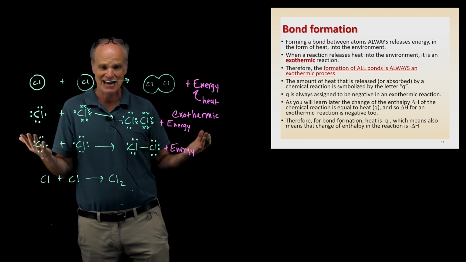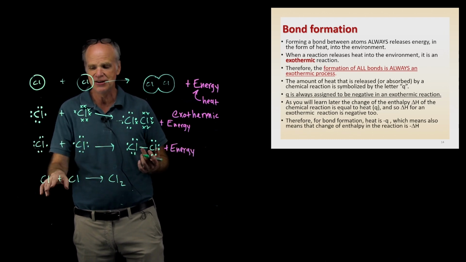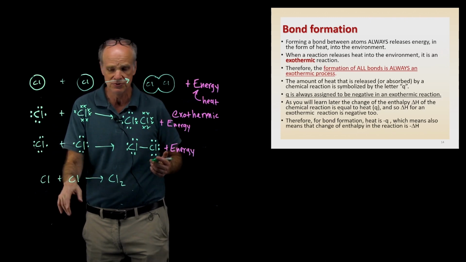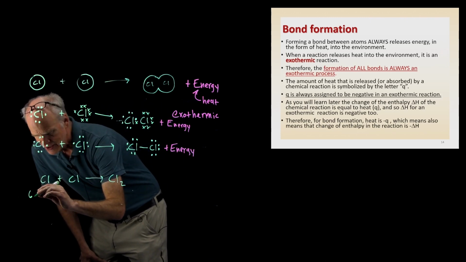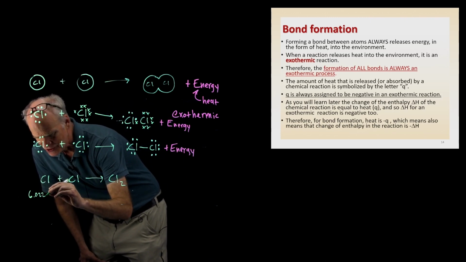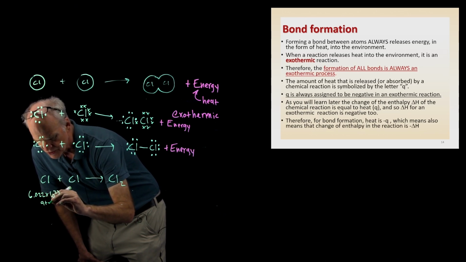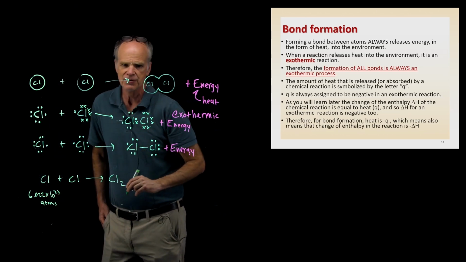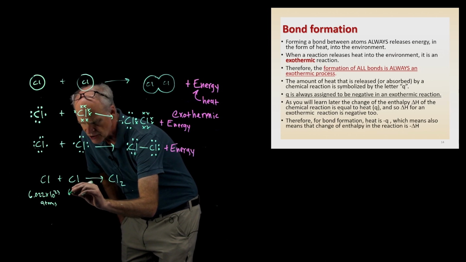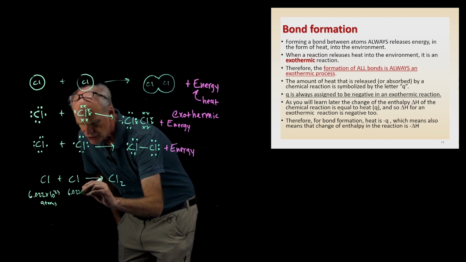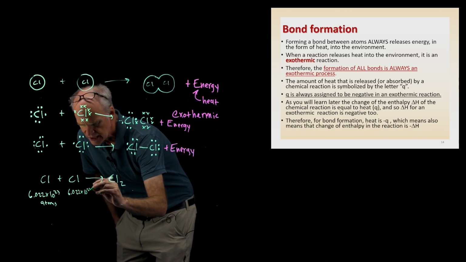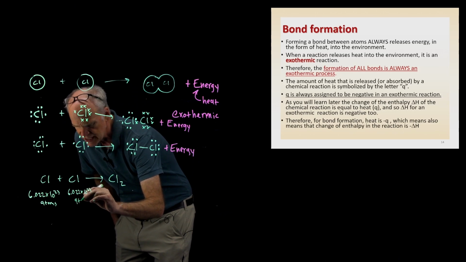Maybe we expand the situation a little bit. So instead of having one atom of chlorine, we have a lot of them. We have 6.022 times 10 to the 23 atoms of chlorine. That's a lot of atoms of chlorine, right? And then we have another set of 6.022 times 10 to the 23 atoms of chlorine.